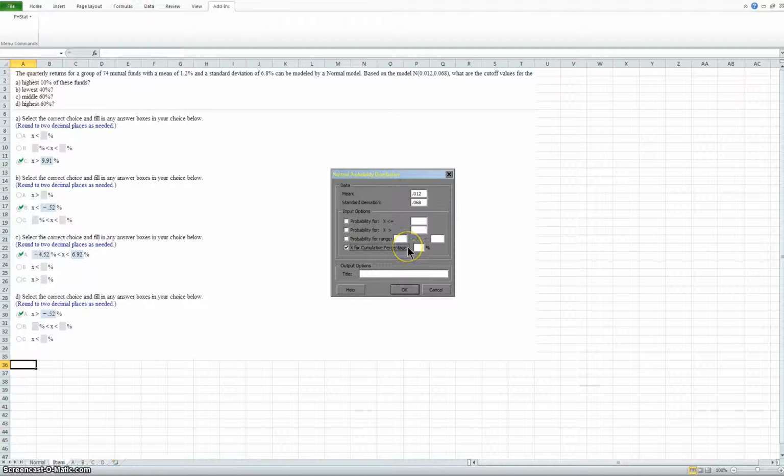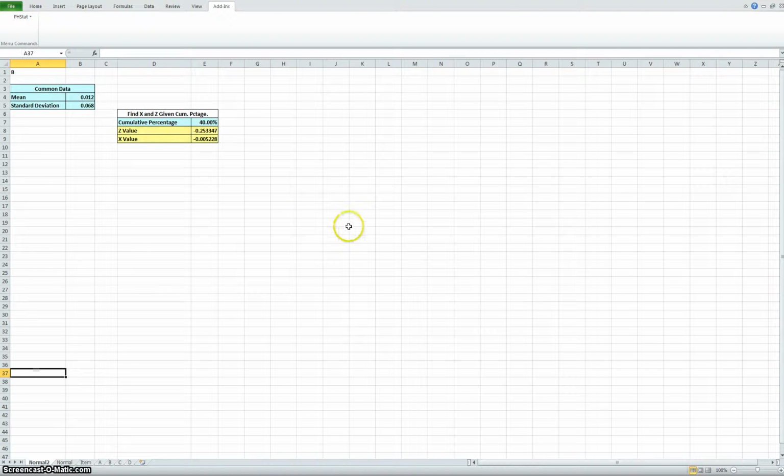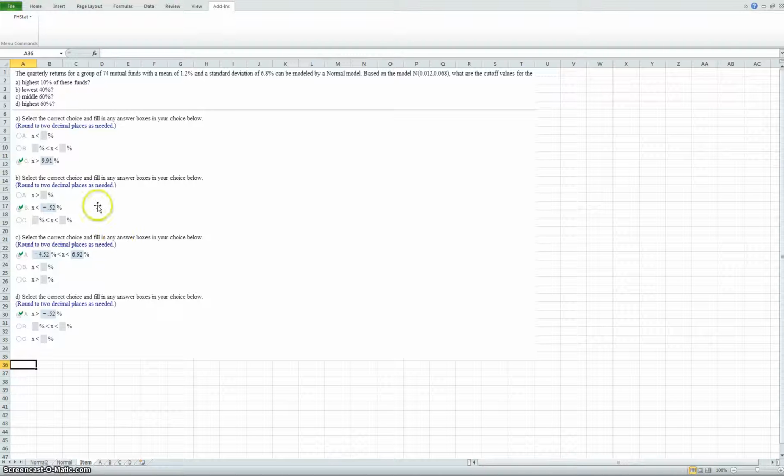Lowest 40 is on the left side of the curve, so we're just going to drop the number 40 in here. This would be B, and click OK. Here's our answer, minus 0.52%. Again, to get your percent, you take that value times 100, and lo and behold, there's the correct answer, minus 0.52%.